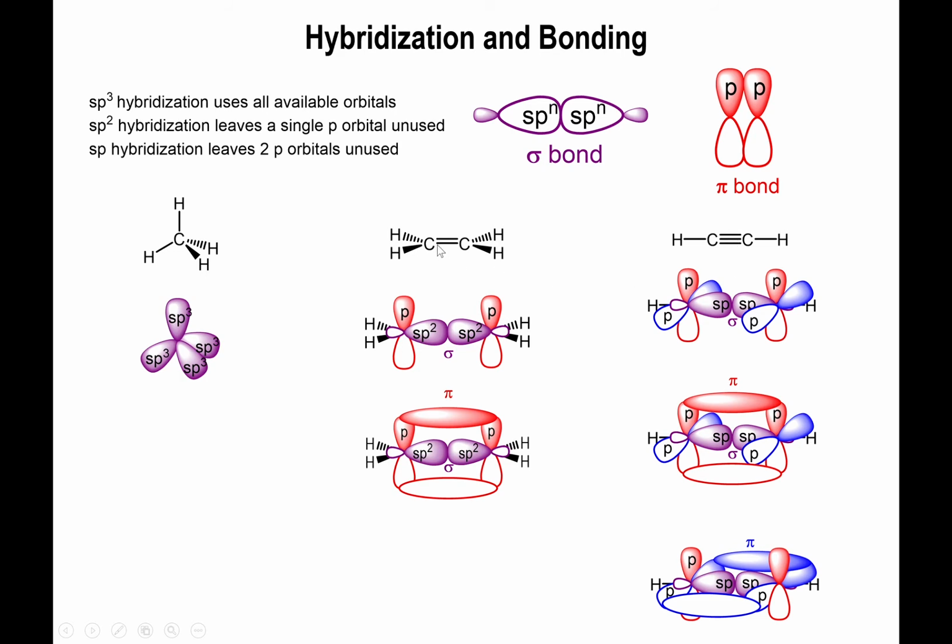So every connectivity you have will always have a sigma bond, and then any extra bonds are due to multiplicity. If you have a double bond, you have an additional pi bond. If you have a triple bond, you have two pi bonds in that same segment, but one of those lines will always have to be a sigma bond. So make sure to pay attention to that, especially if I do ask you to count how many sigma bonds and pi bonds are present in a structure, where you'll have to basically count every single bond, and then keep an eye out for those multiple bonds.